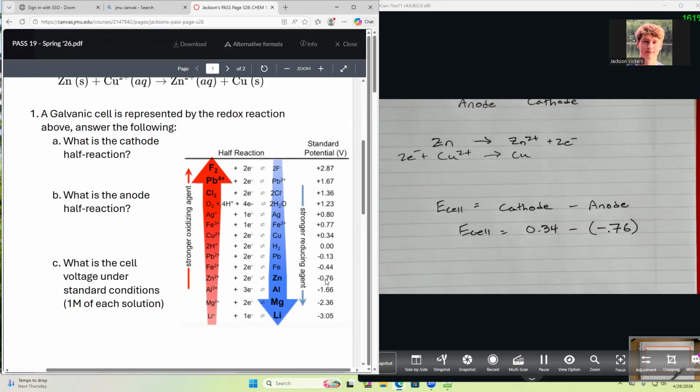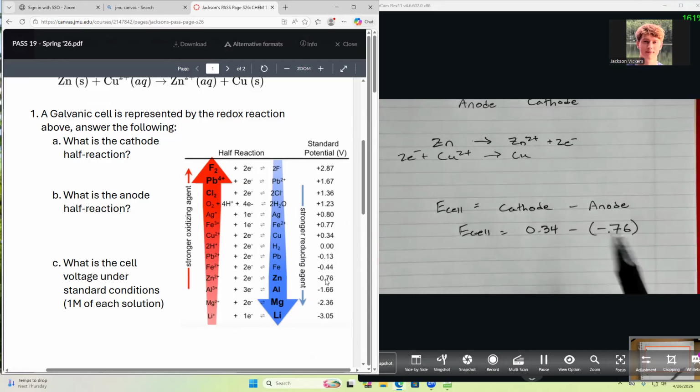This is important because 0.76 is from right here. When we look at this table, and I know it's kind of hard to see with the colors, zinc 2 plus going to form zinc has a standard reduction potential of negative 0.76, meaning it is less good at being reduced than copper, since it's more negative.